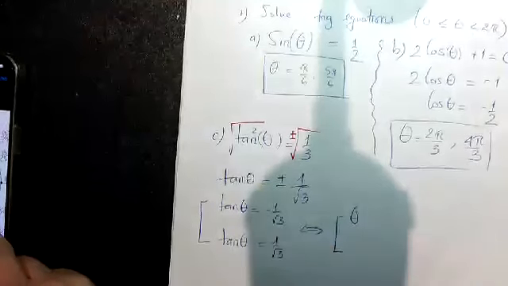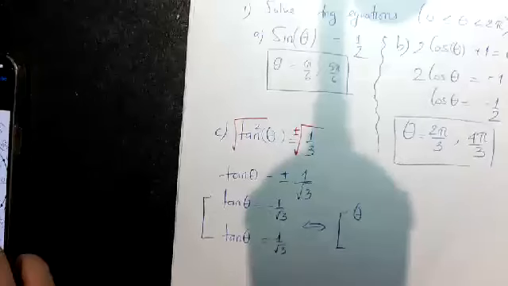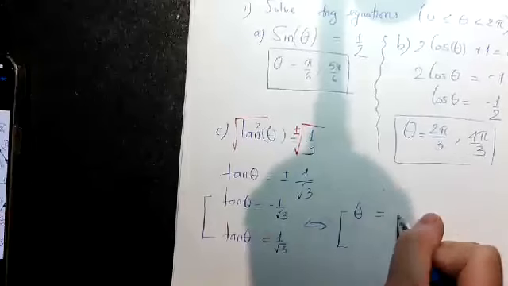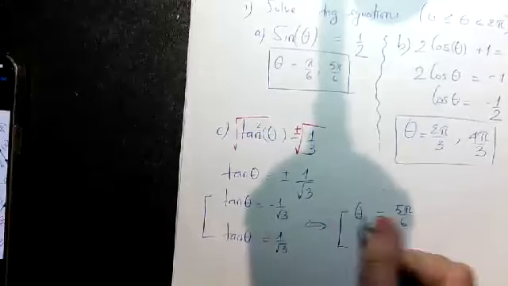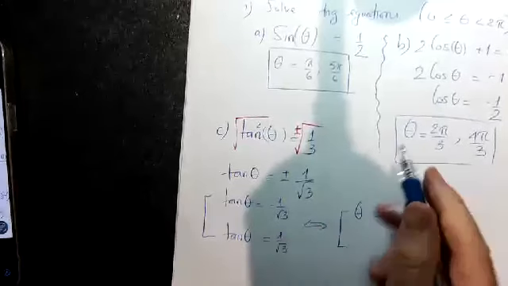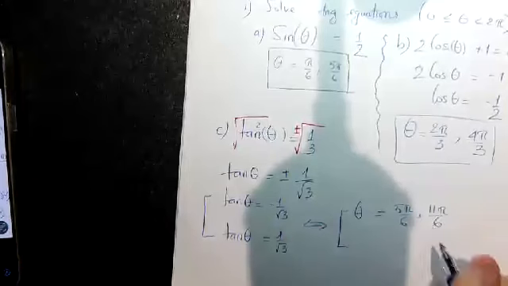Okay, so remember tangent is sine over cosine. It's negative, so it's going to be either in the second quadrant or the fourth quadrant. 5 pi over 6 in the second quadrant, and one more in the fourth quadrant, 11 pi over 6.